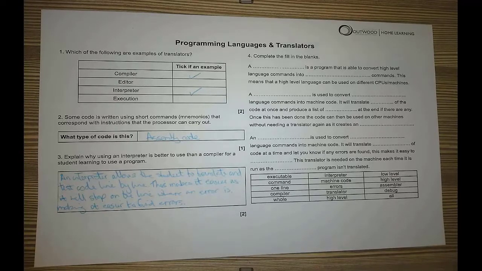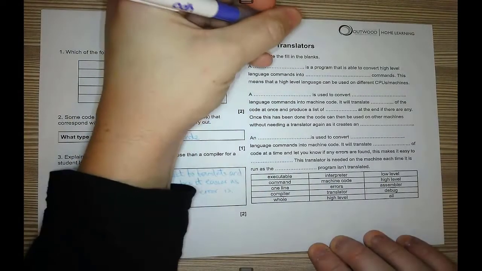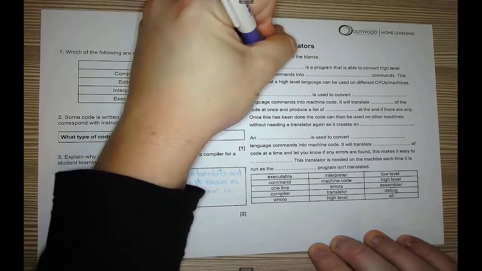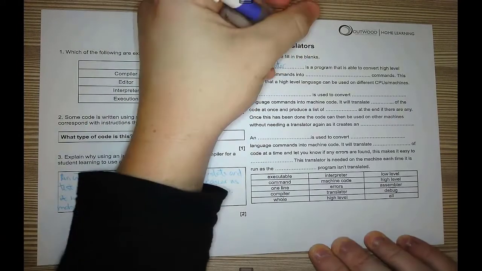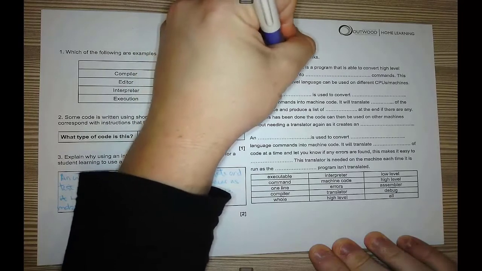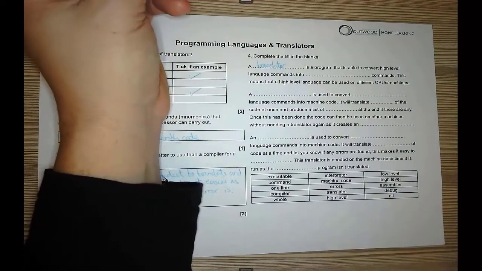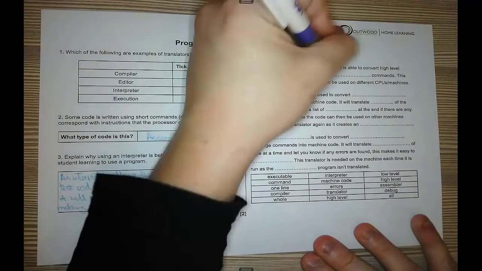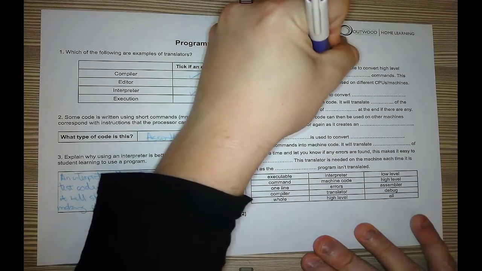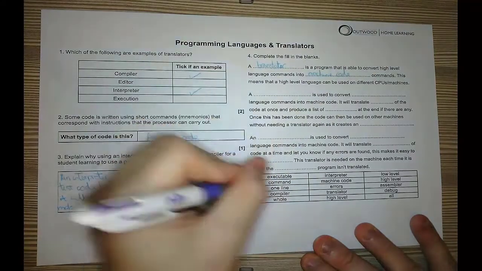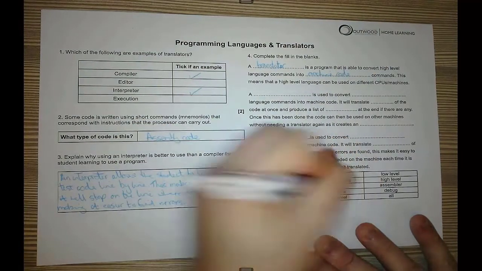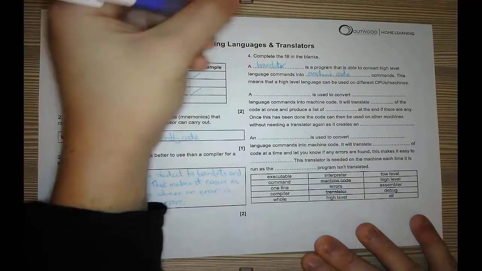But if you work through the rest of the sheet, you'll realise that the answer for this one has to be translator. So a translator is a program that is able to convert high-level language commands into machine code commands. So let's get rid of machine code and let's get rid of translator.